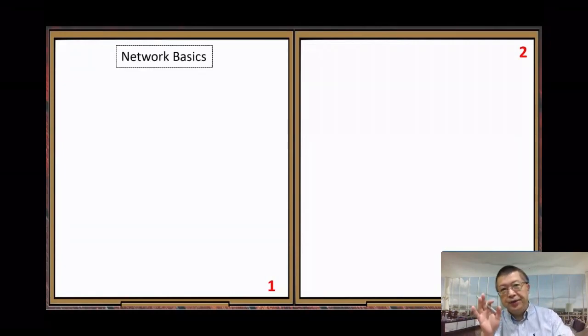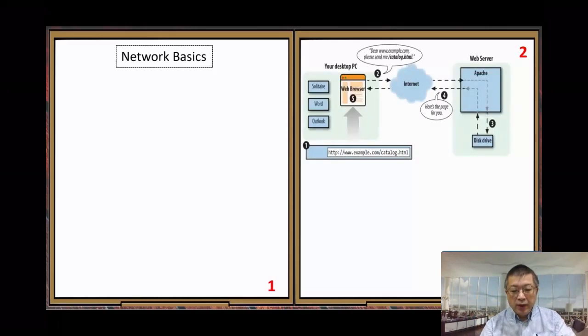First, I'd like to give you a little bit of network basics, because in order to talk about communication, we need to know a little bit about network basics. So in this picture, we saw it before in our first video, part 8.1.